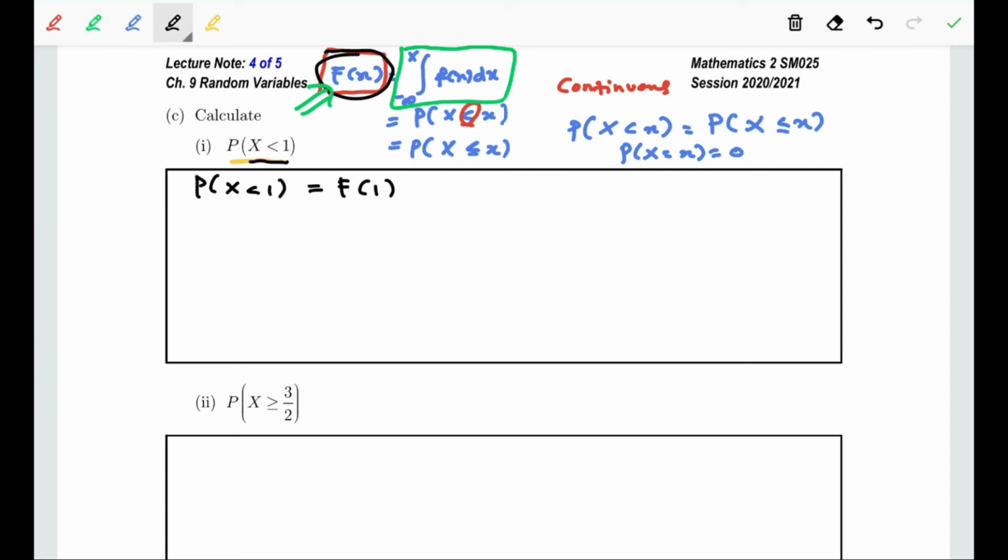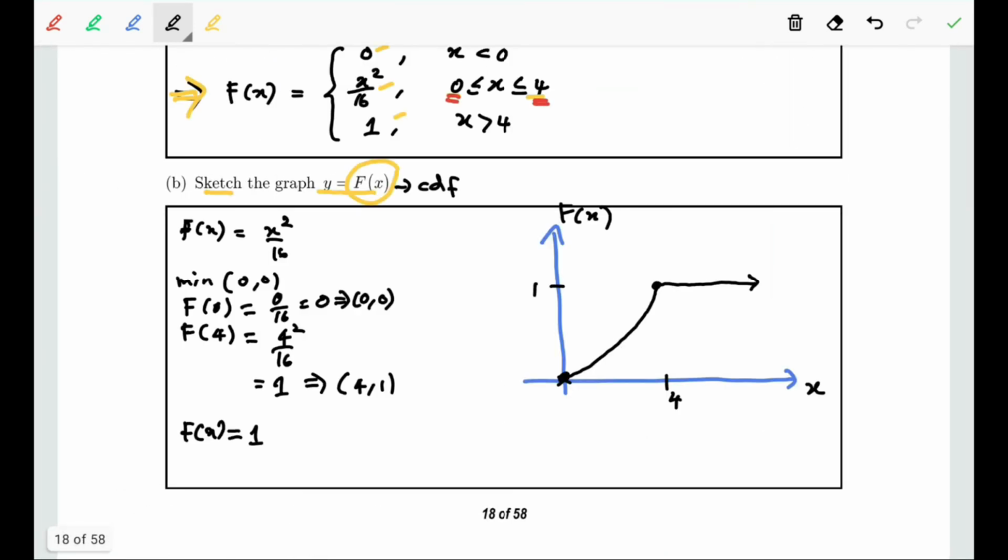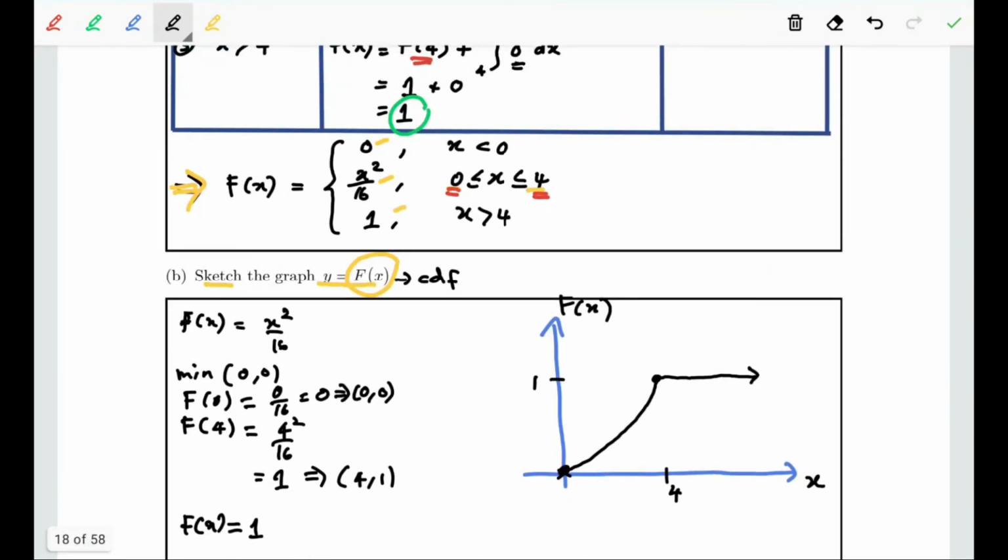So how are we going to find F of 1? We are going to substitute x equals 1 into the correct function. So what is the correct function? We are going to go back to the previous part. Here we are going to use this function.